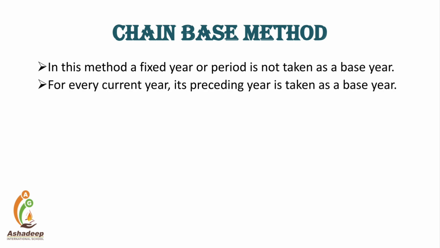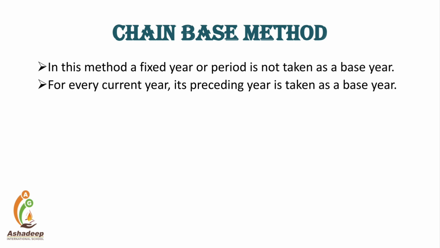For every current year, its preceding year is taken as the base year. In the first point, we understand that the base year will change, but how will this base year be selected? The base year is nothing but the value of the preceding year. Clear? So every preceding year will become our base year for the current year.